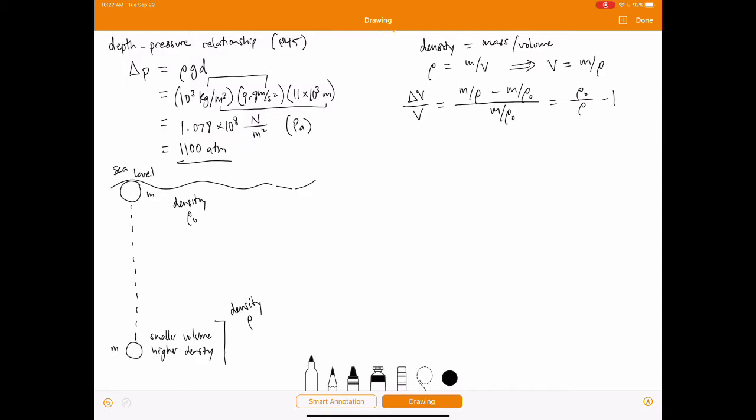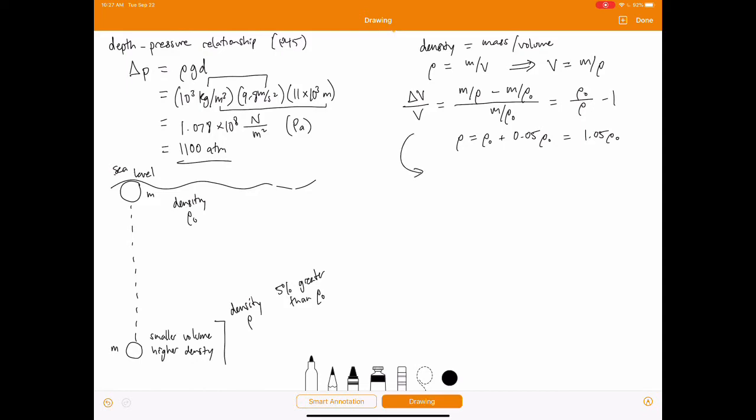Okay, so again, what do we know? The density rho is 5% greater than rho naught. So the density at the bottom of the Marianas Trench is 5% greater than at sea level. And how can we turn that into equations? Well, rho is equal to rho naught, and then add 5% to that, add 0.05 rho naught to that, which is 1.05 times rho naught.